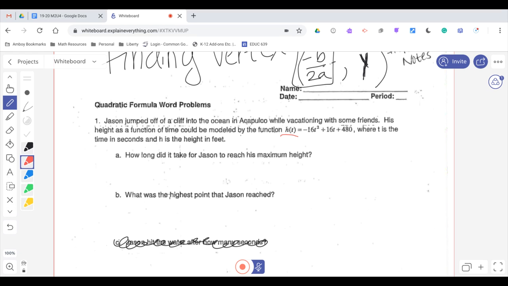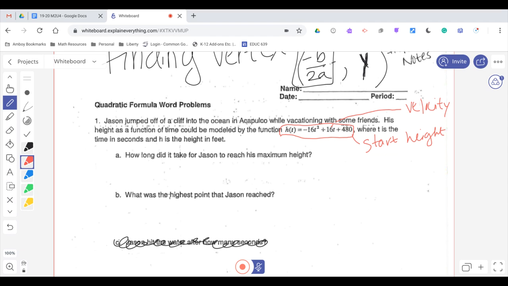By the way, the 480 is his starting height, and the 16 on the t is his starting velocity, so the force from when he jumped. And the negative 16t squared just means that someone is falling or dropping. A lot of them will have negative 16 as that first number.